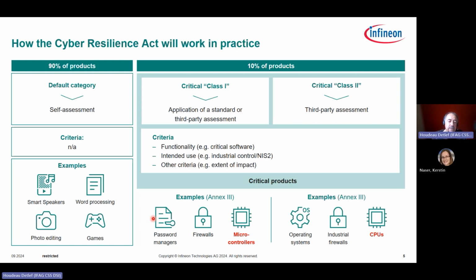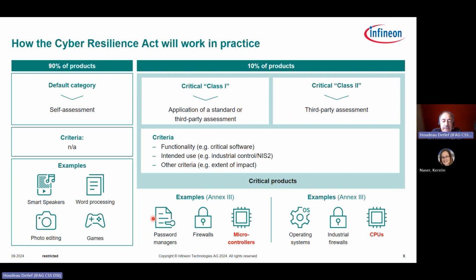And you see smart speaker, word processing, photo editing, games are part of this. And in this area, you need a kind of self-assessment and not a third-party testing. On the right side, you see 10% of the products fall into so-called critical products class 1 and class 2.